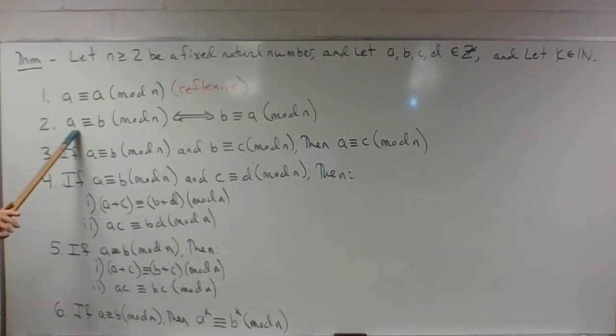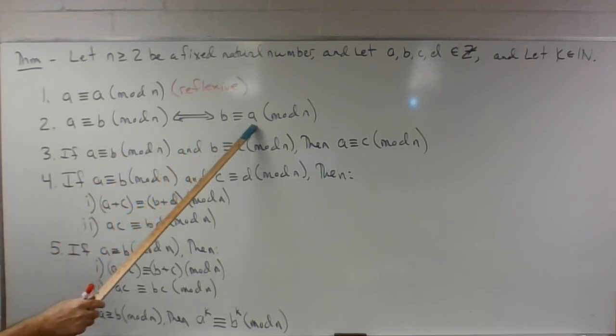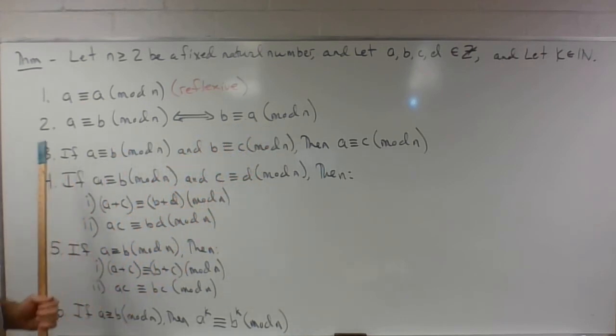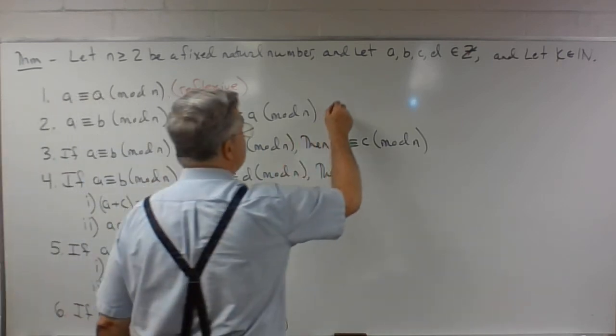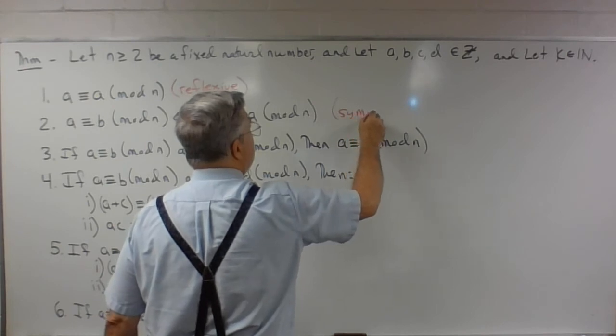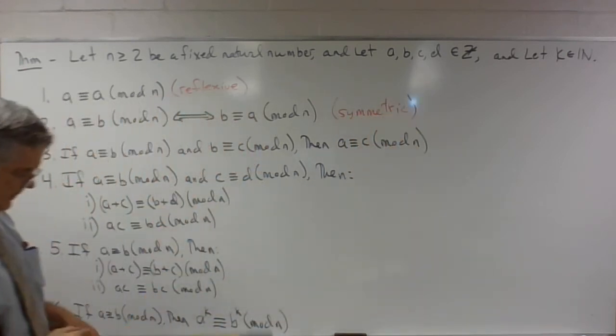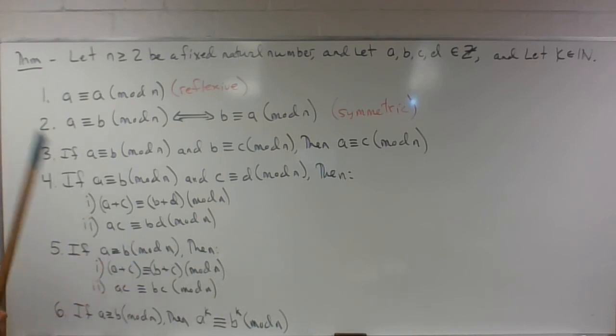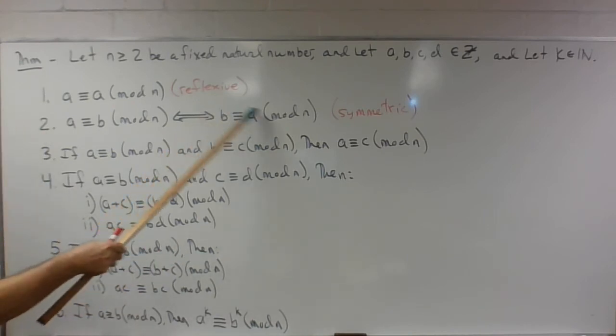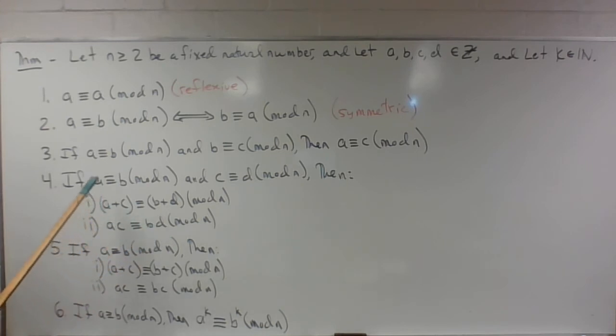Secondly, if a is congruent to b modulo n, then b is congruent to a modulo n, and vice versa. And I guess we'd call this symmetric. And if you didn't learn these terms in advanced math, don't worry about it. This is just for those who are familiar with the concepts.